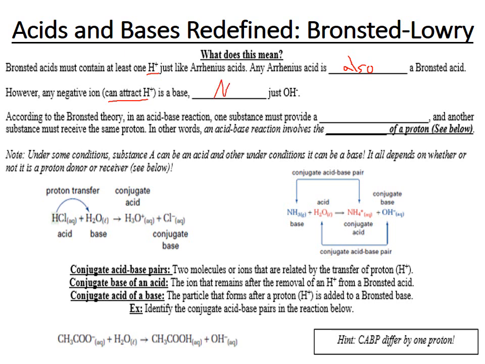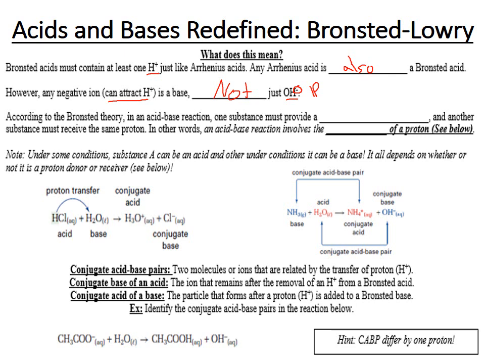It doesn't just have to be OH minus. OH minus can attract H pluses, so that's why it's a base, but other things like NH3 can attract H pluses. Usually if there's a negative charge, if you have a negative ion or lone pairs, LP, they can attract H pluses and therefore make the substance a base.